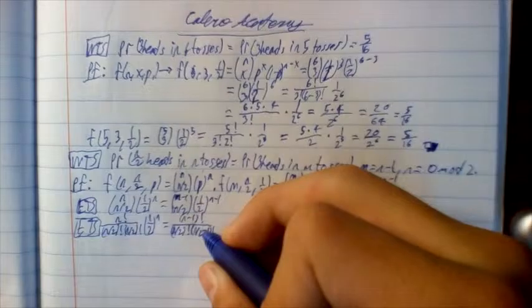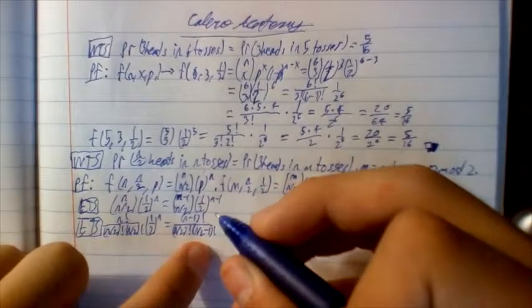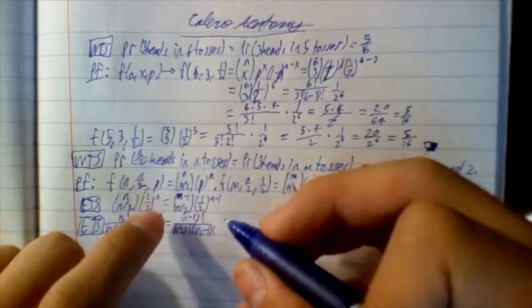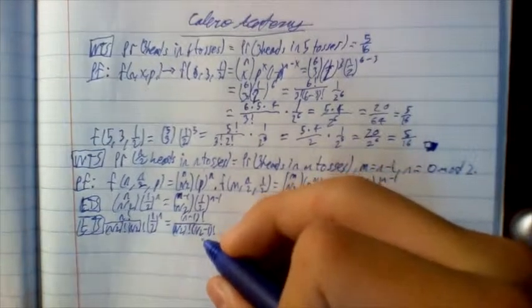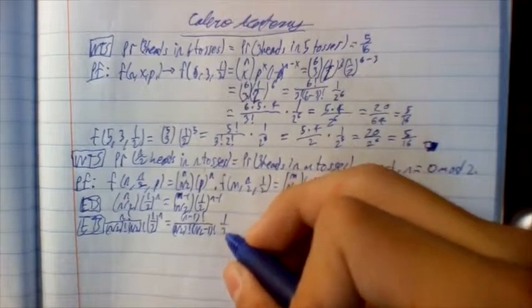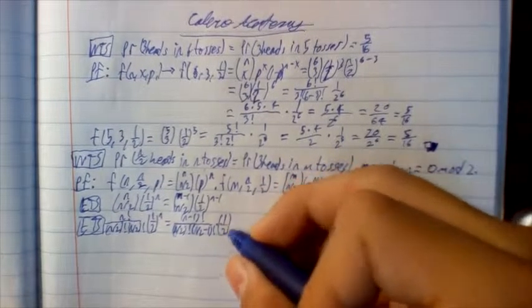If you're wondering how we got that term, it's because in the second part of the denominator, n minus 1 minus n on 2 is equal to n on 2 minus 1. So this times 1 on 2 to the power of n minus 1.